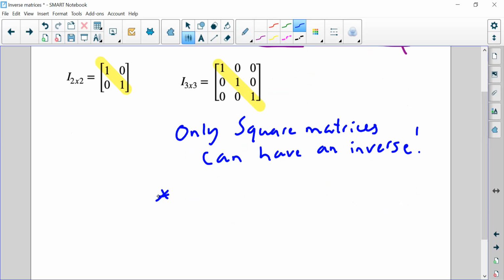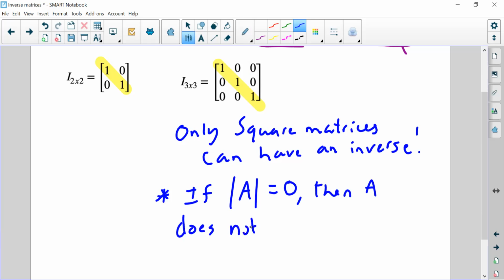And how to check if your matrix has an inverse is you look at the determinant. If the determinant of matrix A equals 0, then A does not have an inverse, and we would say A is not invertible.